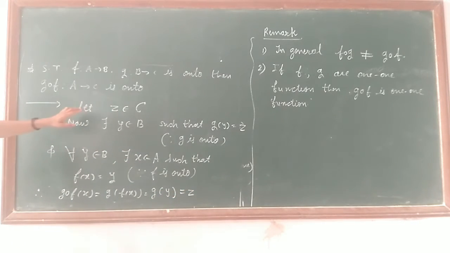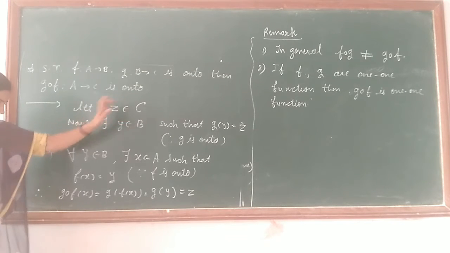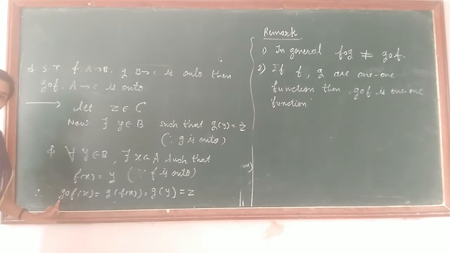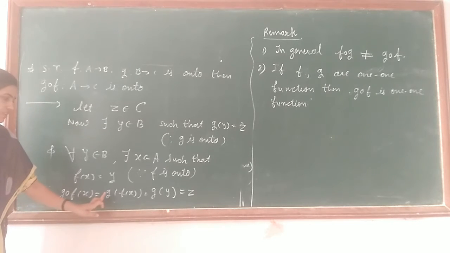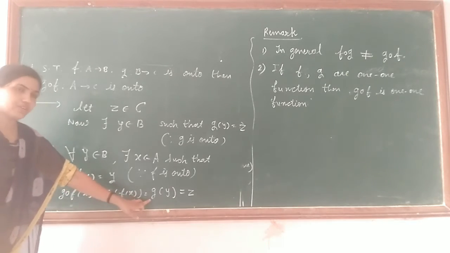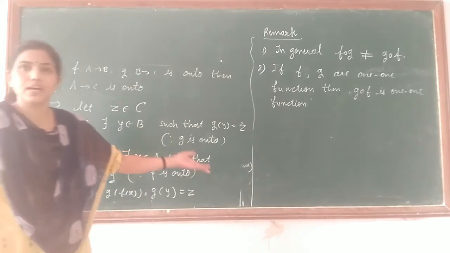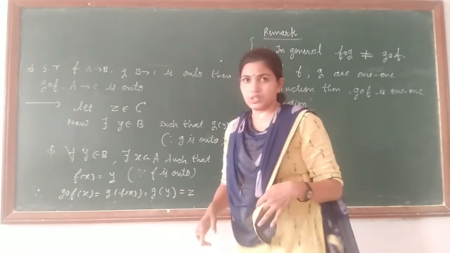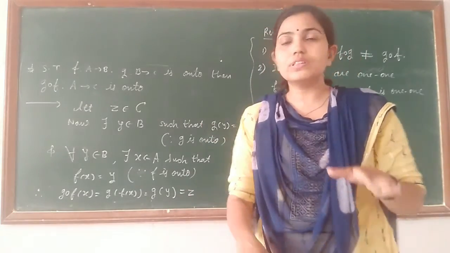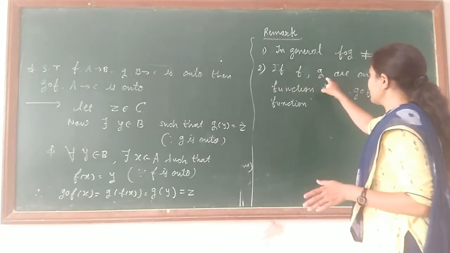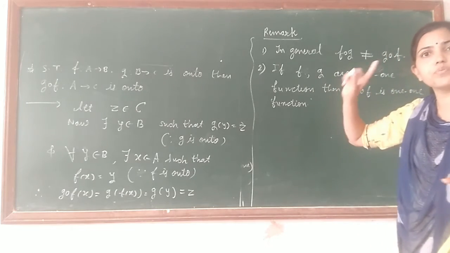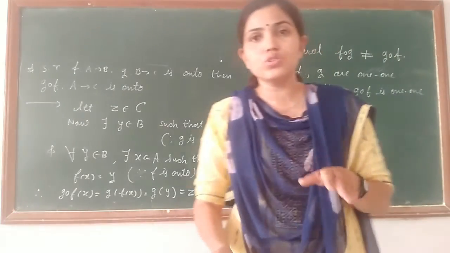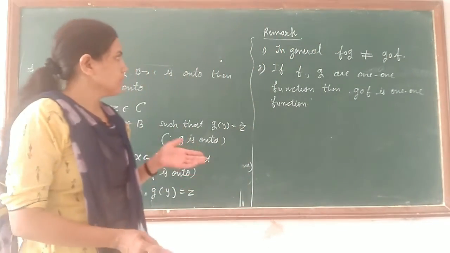That means for every z belonging to C, there exists x in A such that g of f of x is equal to g of y is equal to z, and therefore g of f is an onto function. So now you understood that if f and g are 1-1, then their composition will be 1-1. Similarly, if f and g are onto, then their composition will be onto.